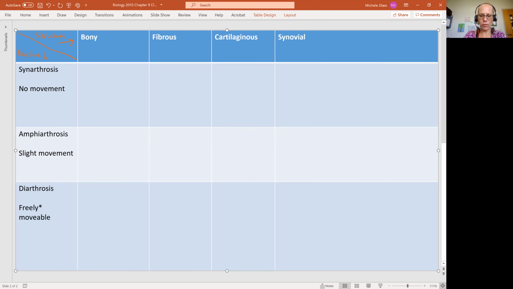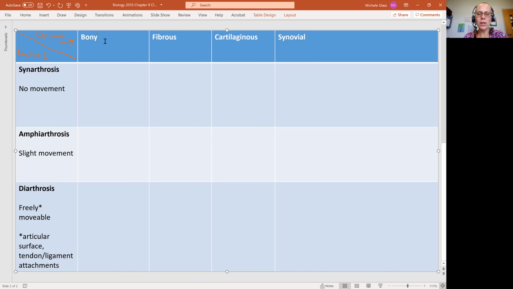Freely movable has to do with the articular surface and the tendon and ligament attachments. So it's freely movable in the realm of what it can actually do. Okay, so our rows are labeled by synarthrosis, amphiarthrosis, and diarthrosis. These are, of course, our functional descriptions.